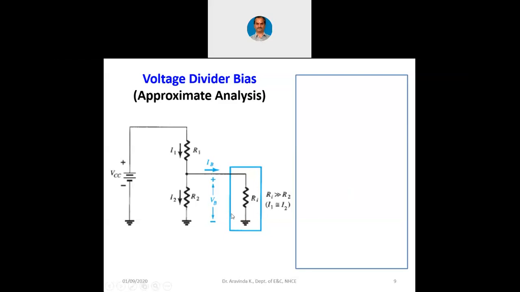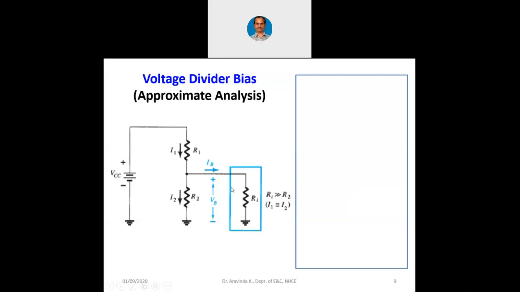Then we can say that there is an input resistance of Ri, and in general this Ri is much larger than R2. This anyhow we are going to find out later on when we perform AC analysis for the circuits. Right now we are only performing DC analysis. After we complete this DC analysis, we are going to discuss the AC analysis of the same circuits: base bias, emitter bias and voltage divider bias.